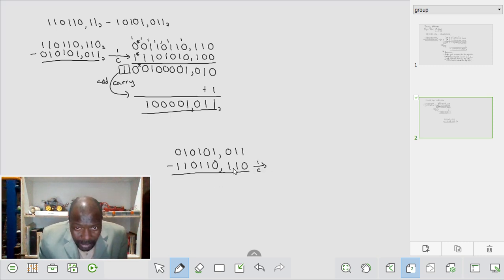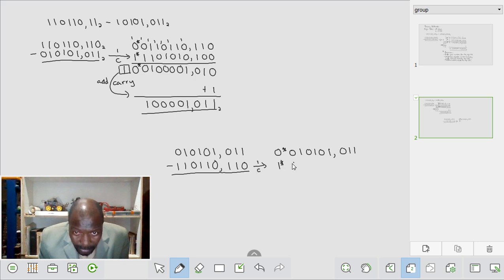What do we have now? We have a scenario where the sign bit assigned is a 0 for the positive, the buffer, and then we have 1 0 1 0 1, comma 0 1 1, and then for the negative, our sign bit, our buffer would have been 0.